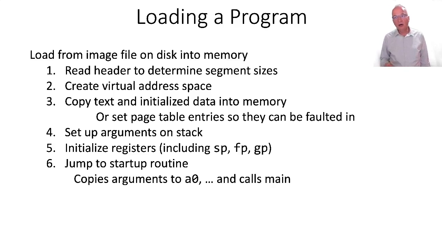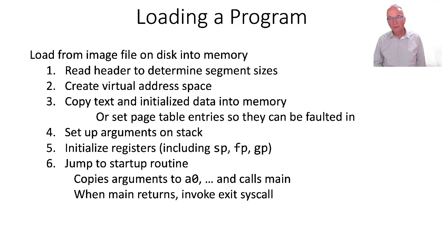We're going to copy the arguments from the command line, for example, and put them into the registers A0, A1, etc. And then I'll jump to the address of the first instruction of the main subroutine. And when main returns, I will be invoking an exit syscall to exit the program.